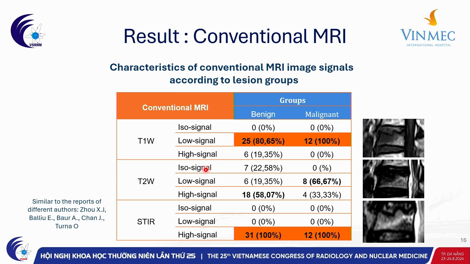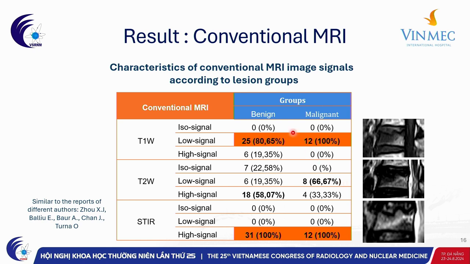On the conventional MR signal change, we can see here that in the group of malignant lesions, 100% of cases had low signal on T1 and high signal on STIR. And the majority of the cases had low signal on T2.